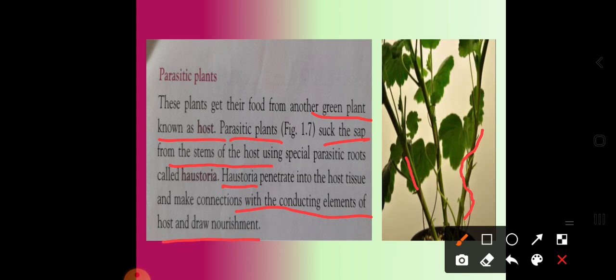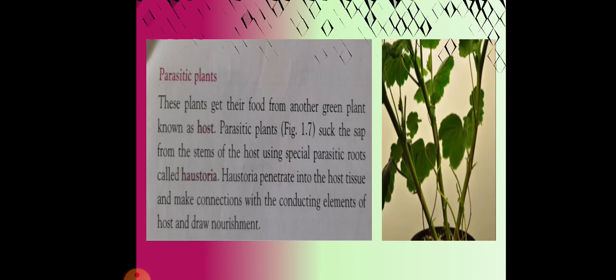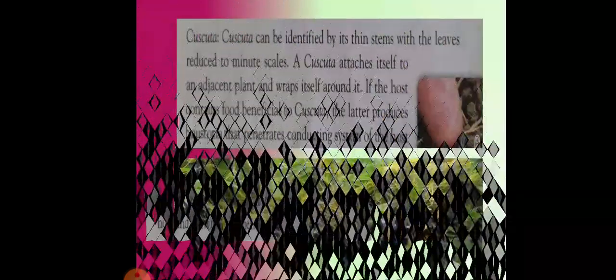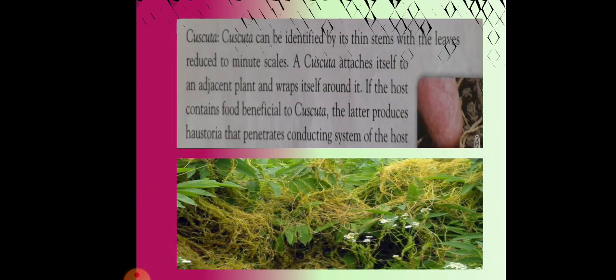Simple examples are bitter gourd plants and pumpkin plants. For getting nutrition they depend on another green plant, so such plants are called parasitic plants.